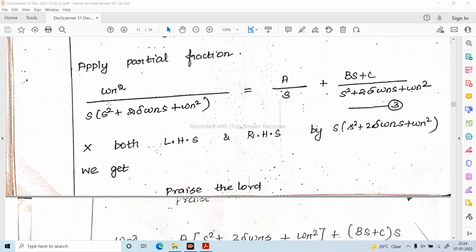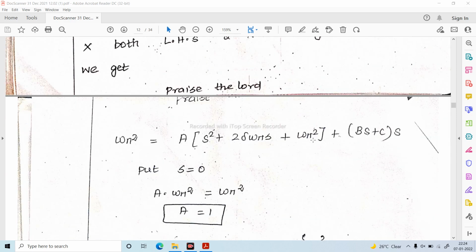See here the s and s get cancelled and we are left with s square plus 2 delta omega n s plus omega n square along with A. And for the second part, Bs plus C into s only, because the s square plus 2 delta omega n s plus omega n square gets cancelled.